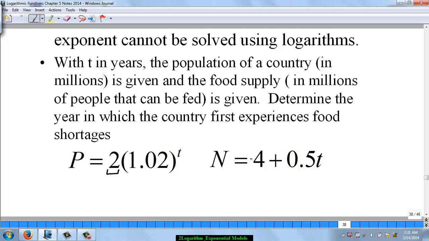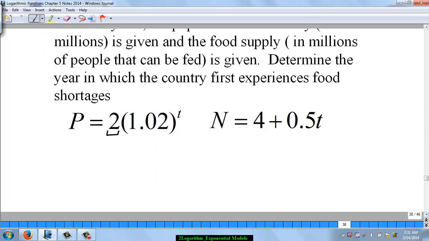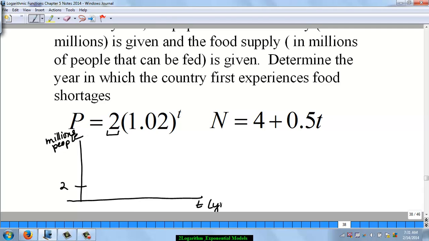All right. We want to know when this country is going to first experience food shortages, because the population is growing exponentially, and the food supply is basically a linear type of thing. So I actually want to draw a little picture here. The population here is starting in millions, so here's your population growing, in millions of people, and this is time in years. Life is in quadrant 1, so we draw this.